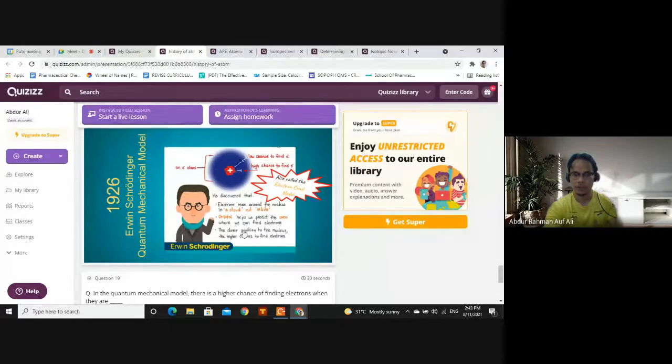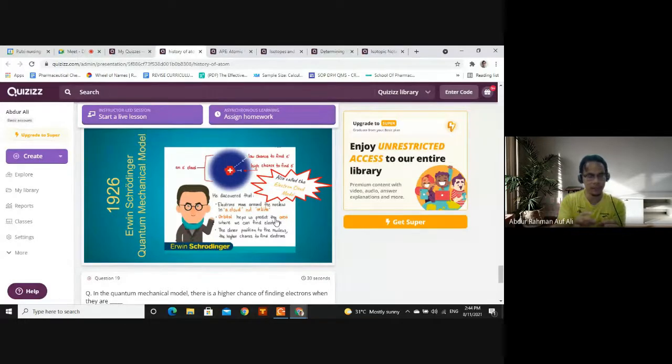Okay, so kat sini dia tulis orbital helps us predict the area where we can find the electron. Dalam atom tu pun dia ada this space, ada kawasan from the nucleus up until the end, the border of the atom lah.